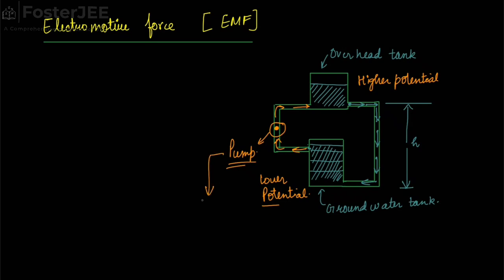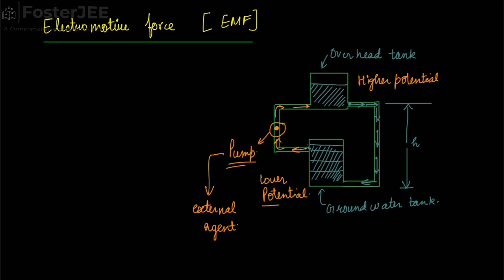We will write here it is external agent. So from lower potential to higher potential, if we want to transfer the water, we need an external agent, which is pump in this case.